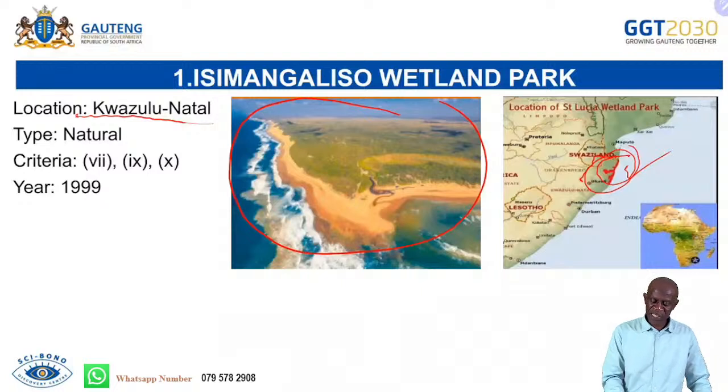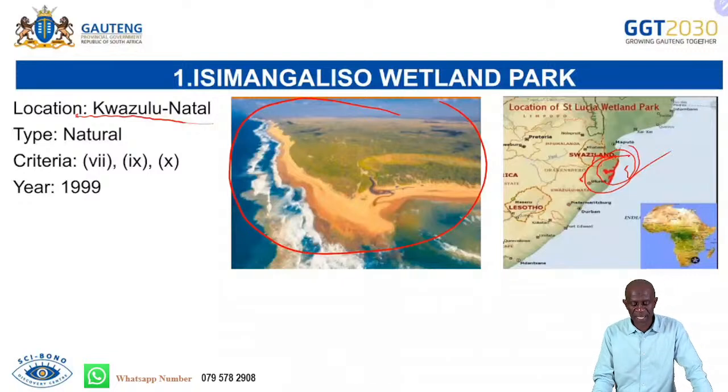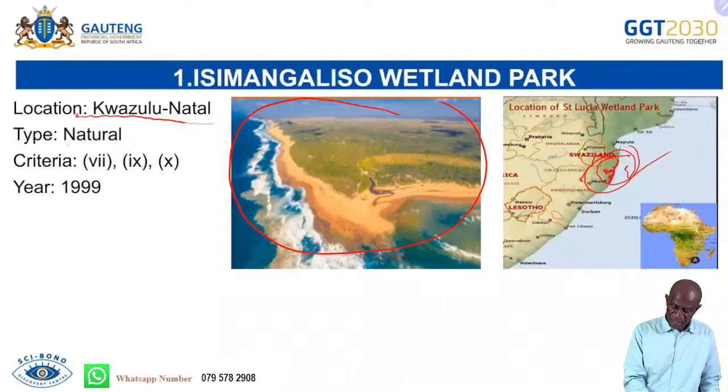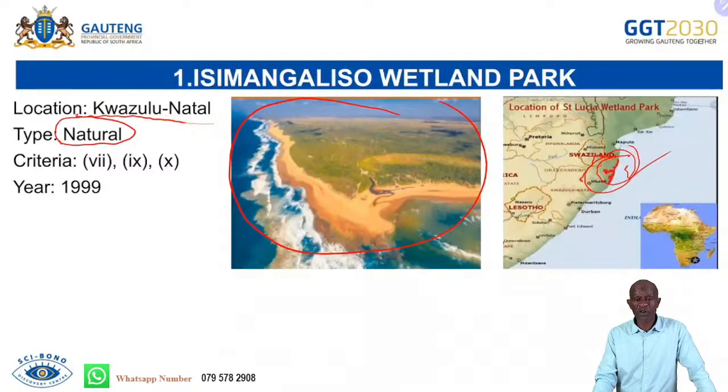Now, Isimangaliso, as we have alluded to, is in KwaZulu-Natal, and the type, remember we said we have 3 types: natural, cultural, and mixed World Heritage Site. So Isimangaliso Wetland Park falls into the category of natural.